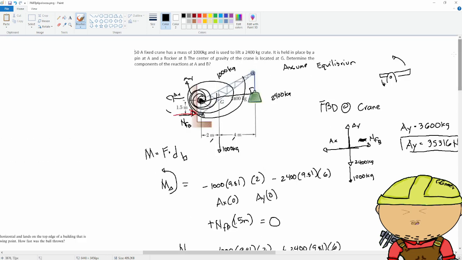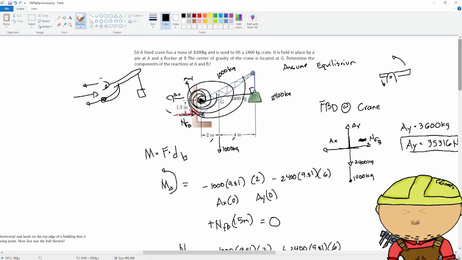It makes sense because if you're a crane and you have a weight going downward, the B part here will probably be rotating clockwise, and the reaction at B will be going to the right, while the reaction at A is going to the left, because the machine is rotating clockwise.